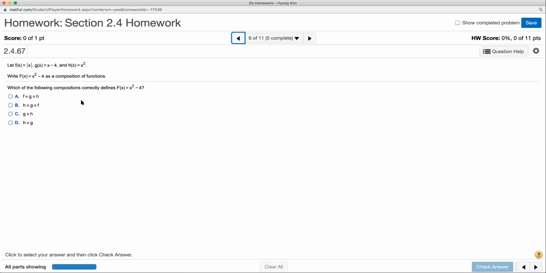You see that? So f, g, h: let f of x be the square root of x, g of x defined by x minus 4, and h of x defined by x squared. So write capital F of x, x squared minus 4, as a composition of functions. Which of the following compositions is correctly defined? Let's see.